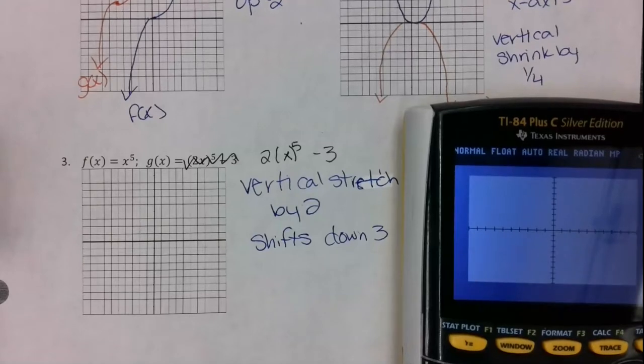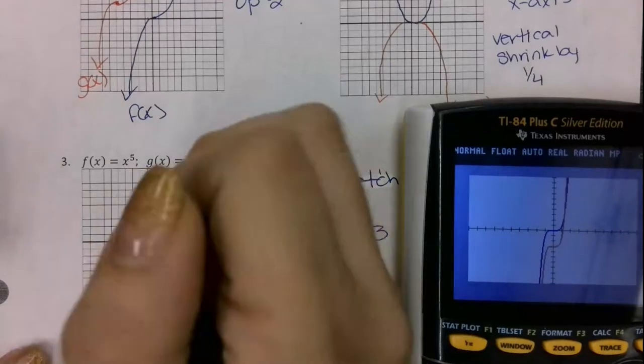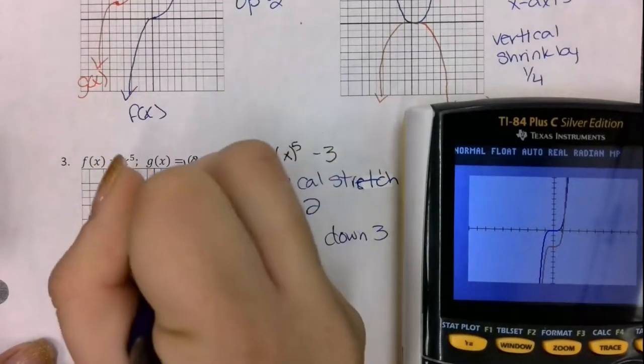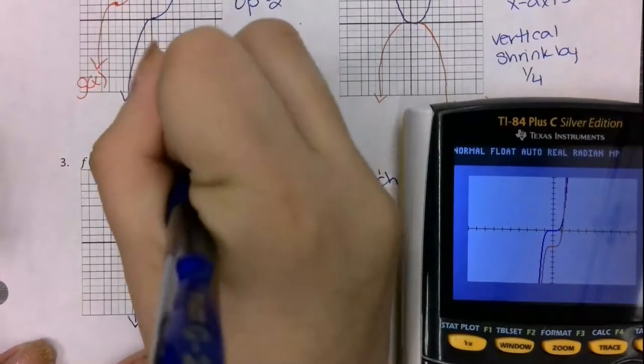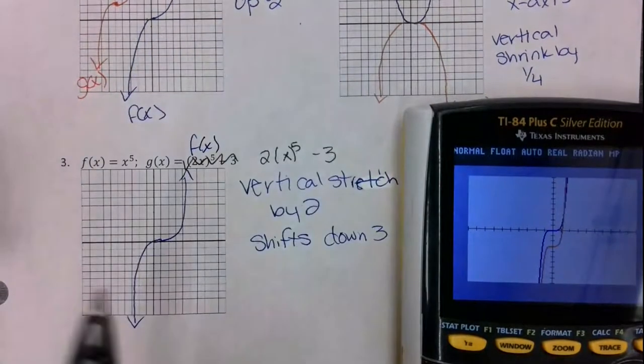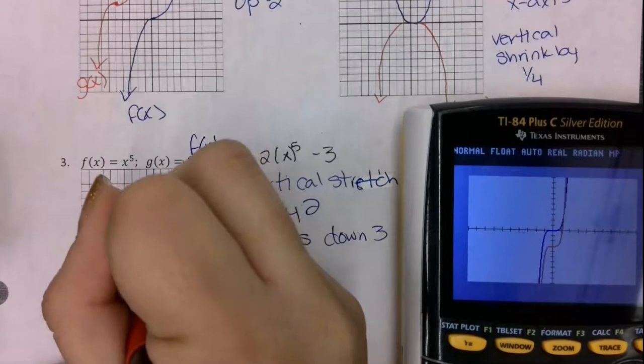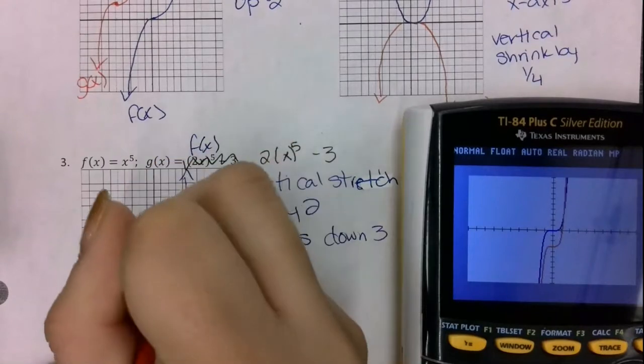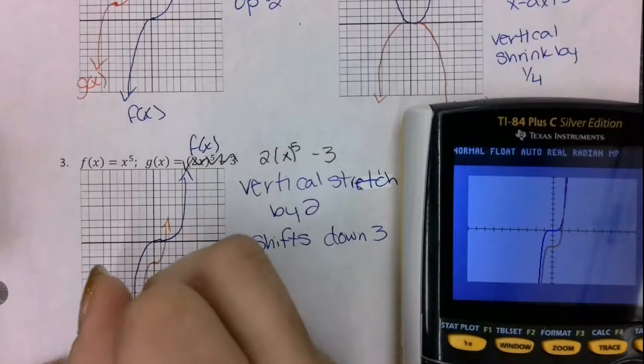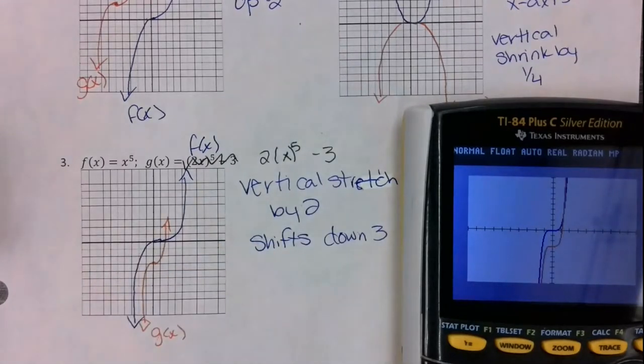Okay, so it should look kind of like a snake when it graphs. So kind of like the cube, it's just a little bit flatter, closer to 0. One, two, three. Okay, questions here?